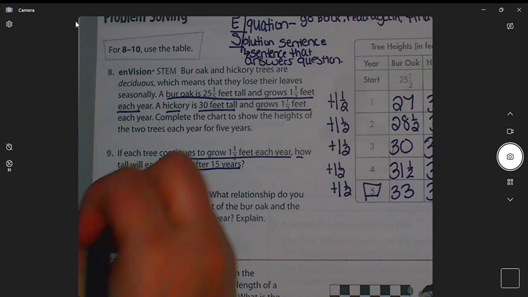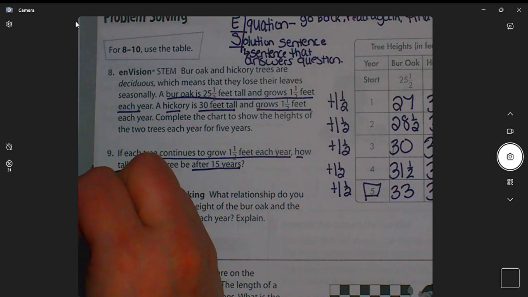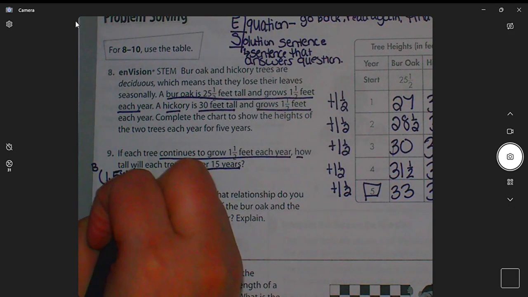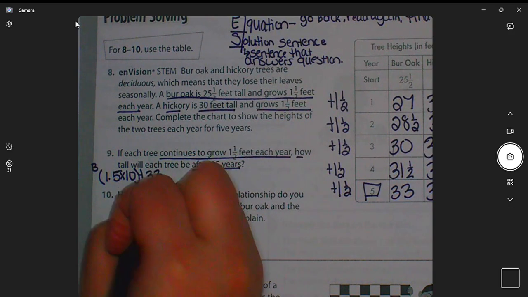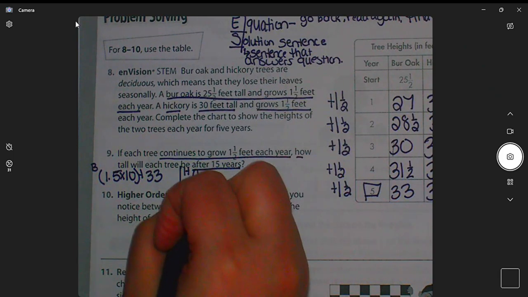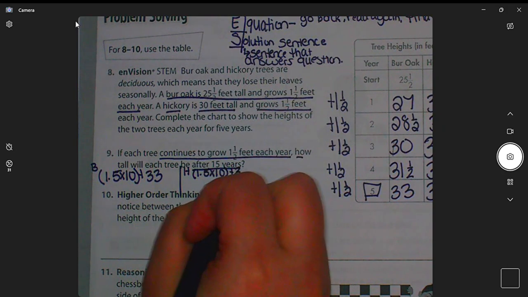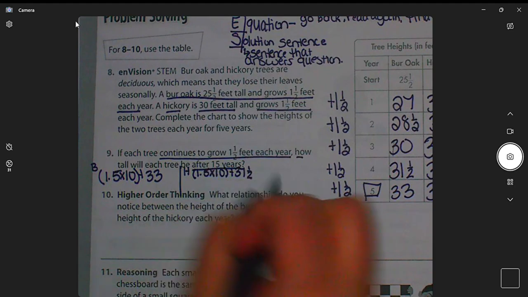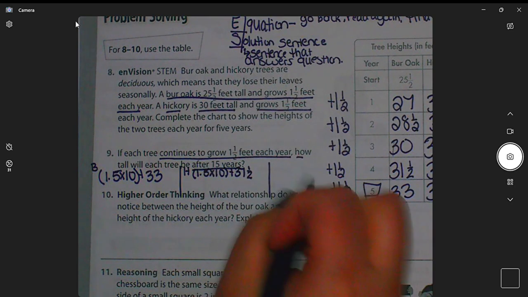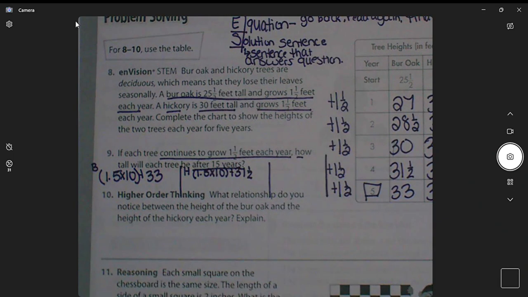So the problem I see is 1.5 times 10 for the burr plus 33. For the hickory, I see 1.5 times 10 plus 37.5. And then this is where I will write my sentence. So what do I know?